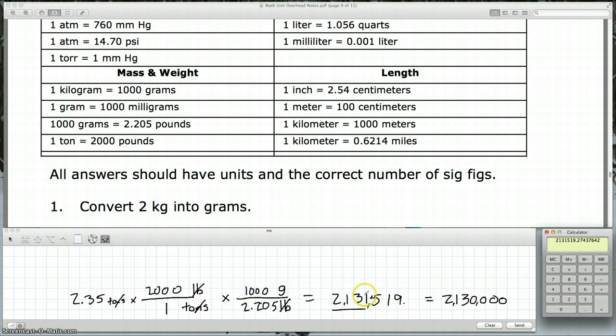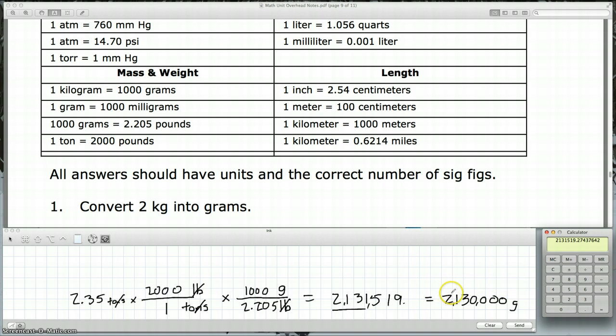I'm not going to round 2 million down to 213. If I told you I was going to give you $2,131,000 tomorrow and I showed up with $213, it's a big difference there. So, after we do sig figs, do the unit at the very end, and we're done.